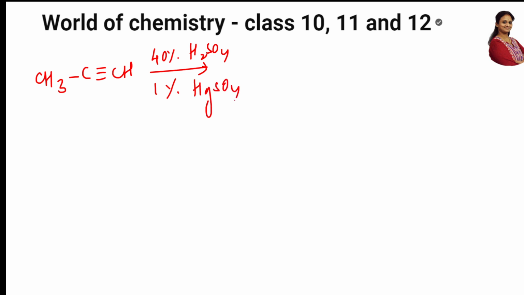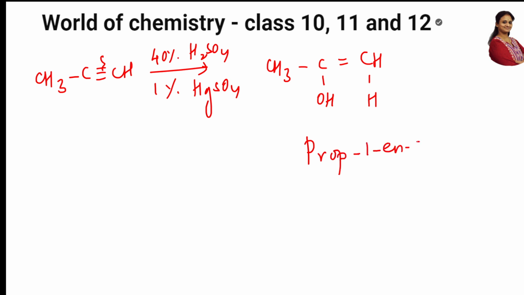What does it do? Hydration, right? It breaks this bond and, because it is unsymmetrical, the hydrogen adds to the carbon having more hydrogens and the OH group adds to the carbon having fewer hydrogens. This is prop-1-en-2-ol. Yes, this is done.